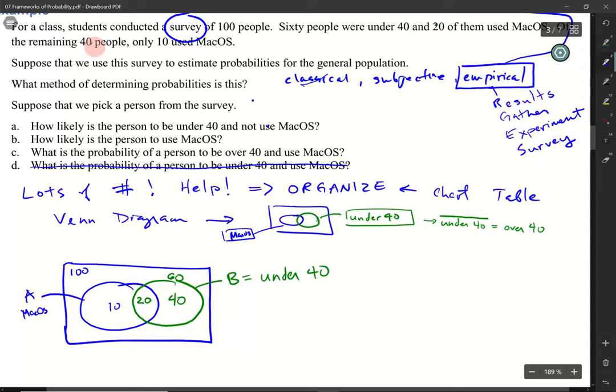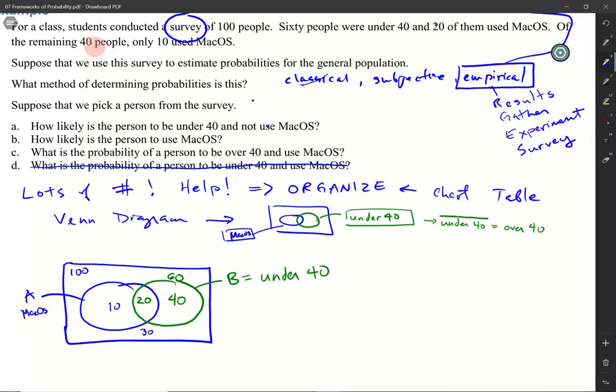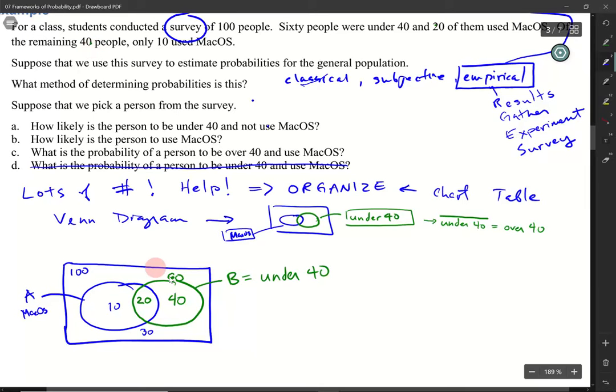Of the remaining, 10 use Mac, and then there are some 30 outside. Does that make sense? Because then here, this is Mac.